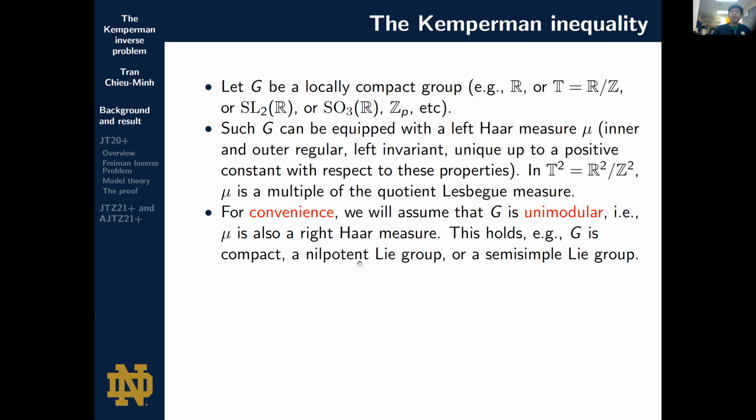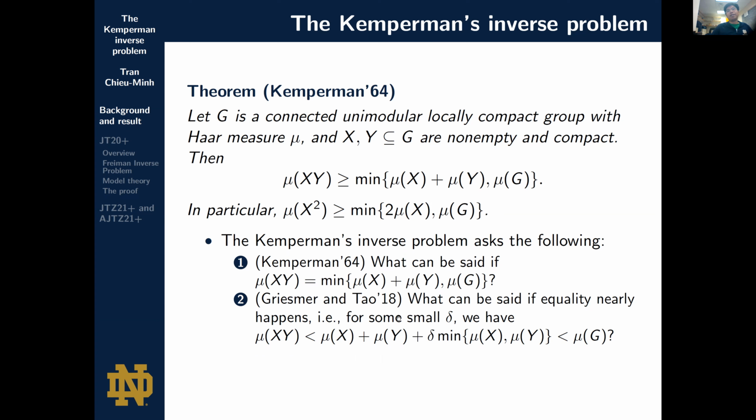In other words, there would be a certain small delta such that the measure of the product XY is smaller than the measure of X plus the measure of Y plus an error term. The error term is delta multiplied by the minimum of the measure of X and the measure of Y. And we want to say that it's strictly smaller than the measure of G. So in some way, this question is a natural progression of the question of Kemperman.